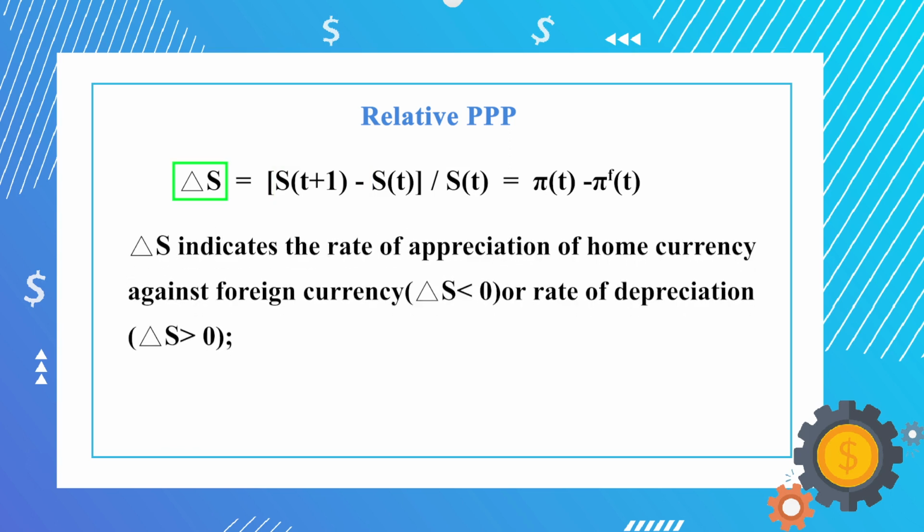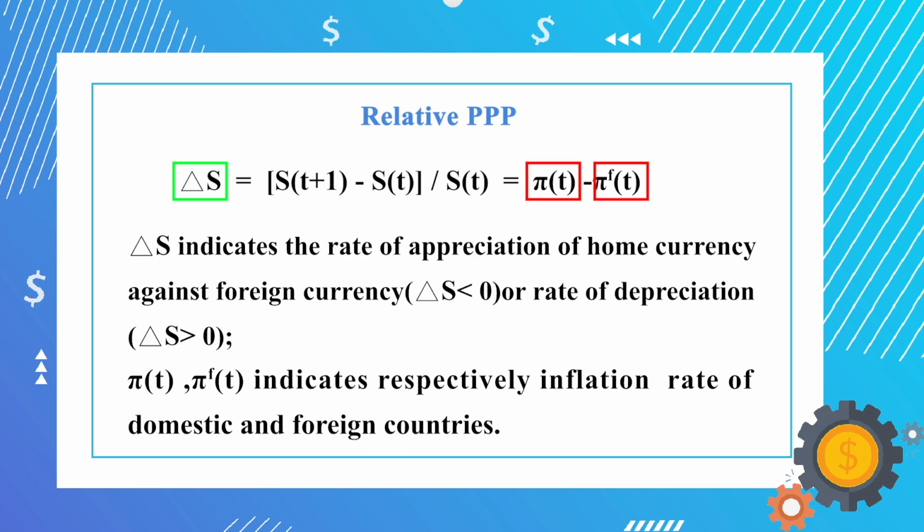Delta S indicates the rate of appreciation of home currency against foreign currency. Pi_T and pi_Tf indicate respectively the inflation rate of domestic and foreign countries.